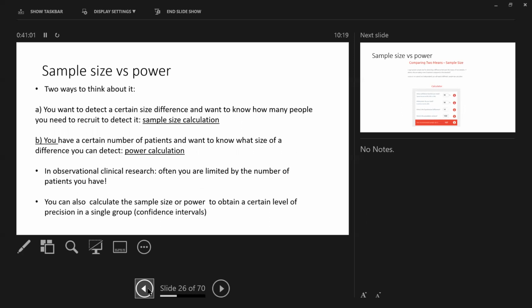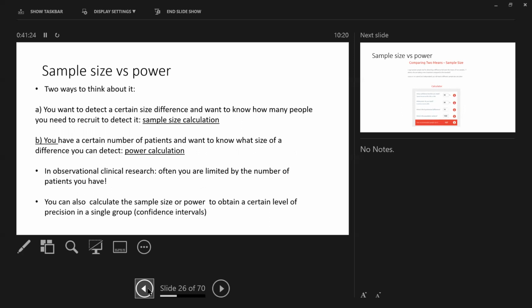Right. So in some circumstances you will calculate sample size. In some circumstances you will calculate power. So if you have a very large population that you can choose from, you know, if you're choosing CT scans or PET scans and you have tens of thousands, maybe you don't need all of them. You can look at how many you need to achieve what you want.